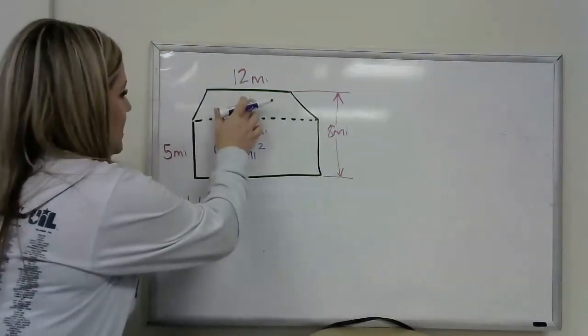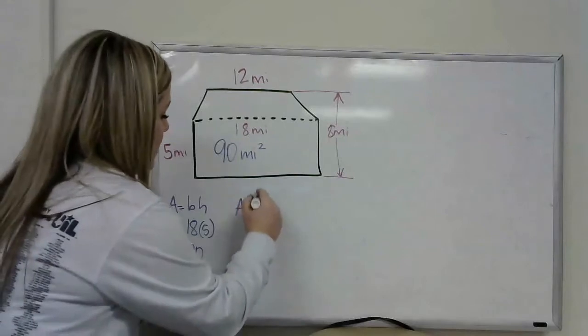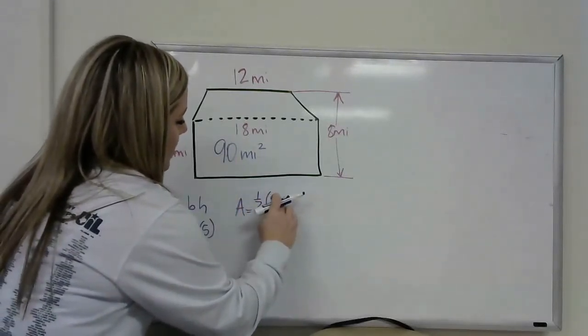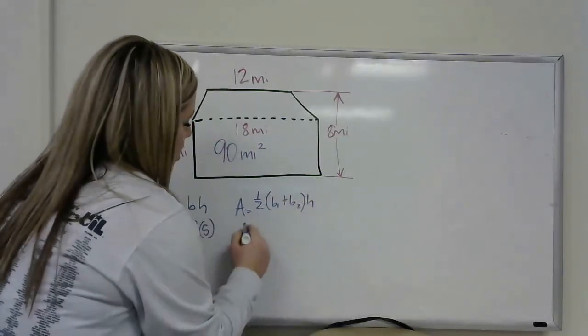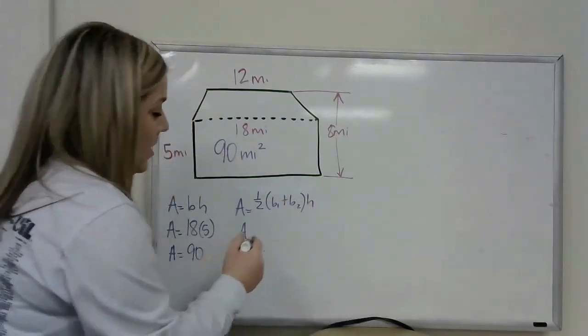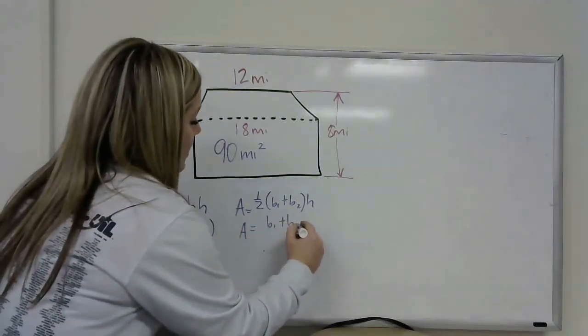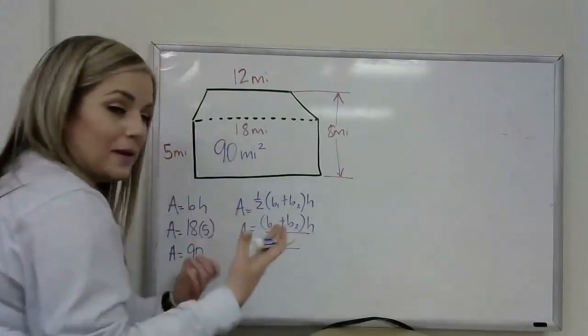All right, so now I'm going to get this trapezoid. And we know the trapezoid formula says 1/2 times base 1 plus base 2 times the height. I'm going to opt out of that one and do the one that I grew up doing that I think is the easiest to me mentally.